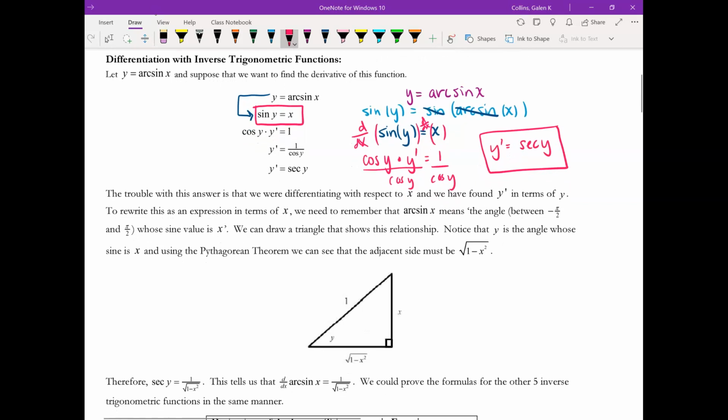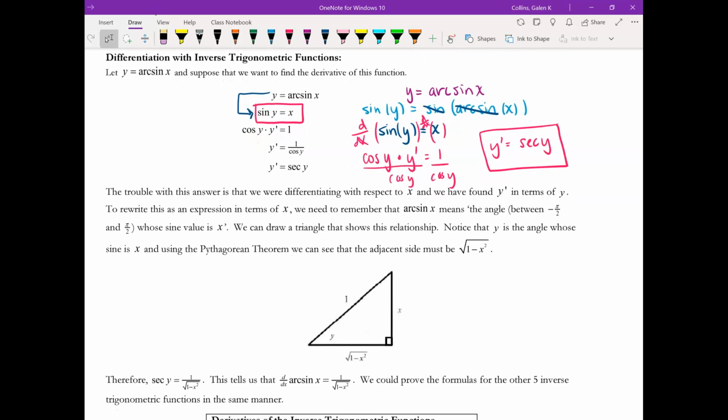So we know in right triangle trigonometry, when we take the sine of something, that something is an angle. Or we could remember that when we take the arc sine of something, we're taking the arc sine of the opposite leg over the hypotenuse, and that gives us an angle.